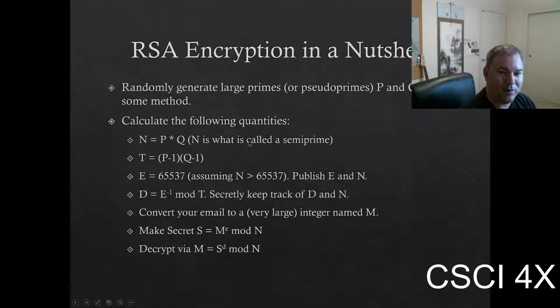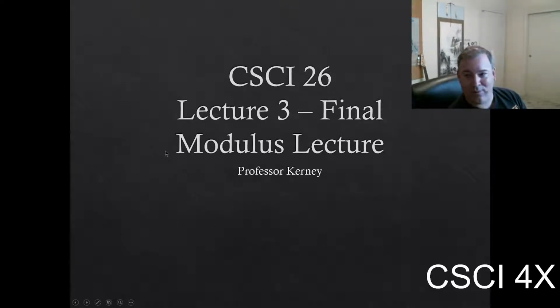Before I get into it, let me tell you what the core observation was that Rivest, Shamir, and Adelman came up with when they developed RSA encryption. They were trying to come up with something called a one-way function. A one-way function is something that is easy to do one way and really hard to do the other way.